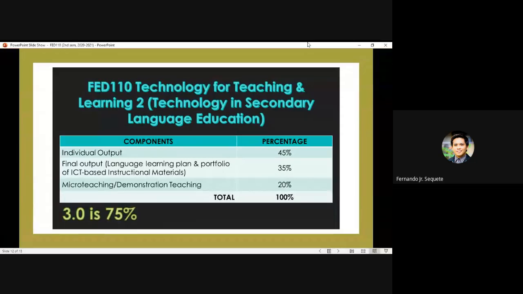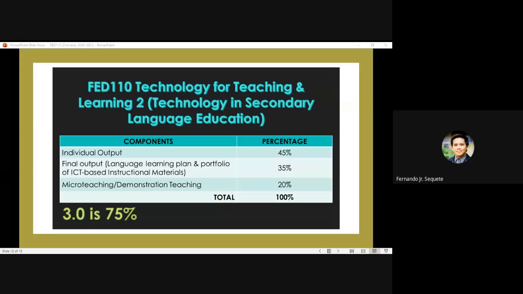The second component would be the final output, no? Your final output would be, there are two: language learning plan and portfolio of ICT-based instructional materials. So ano ba yung portfolio, sir? Ang portfolio, para lang siyang collection of your ICT-based instructional materials.